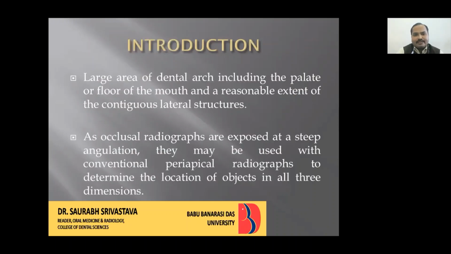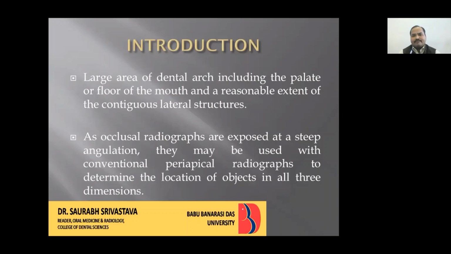The first thing is that whenever we want to cover a large area of the dental arch which cannot be taken up in IOPA film sizes, we need a bigger size film, which is the occlusal film. If we need an area or any entity which is larger than the film size of intraoral periapical films, we will need a film larger than that.